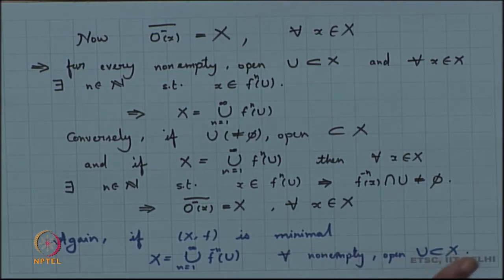Given one open set U, f^{-n}(U) is always open. So X can be written as a union of open sets, so this forms an open cover, and by compactness of X it should have a finite subcover.